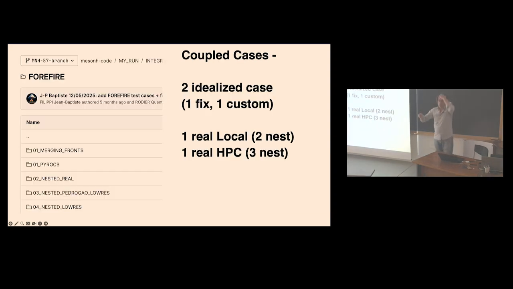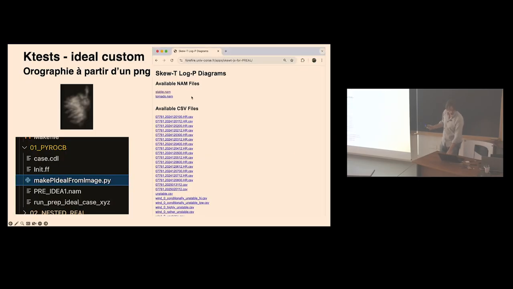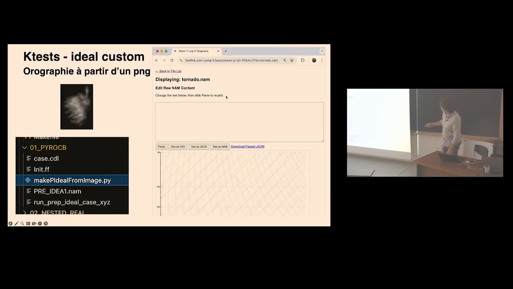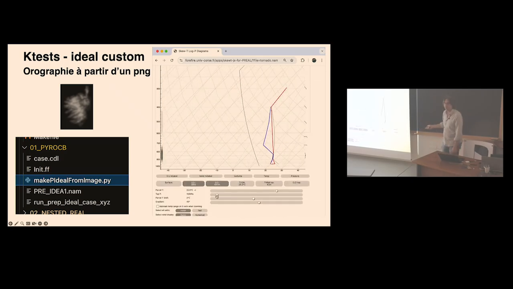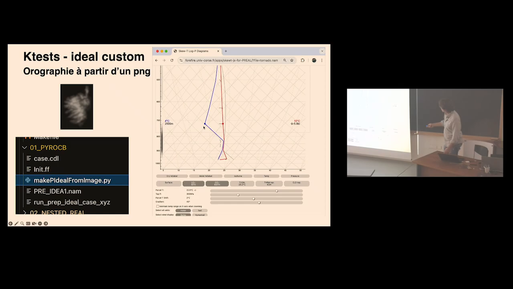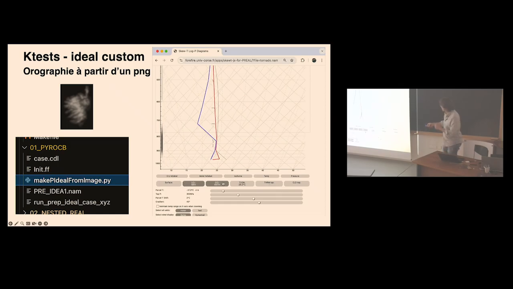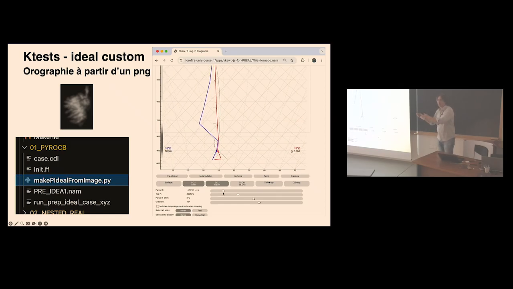In the standard trunk, you have two idealized cases if you want to try it out. One uses an orography, and you use an idealized case. There are some tools to make your own weather profile, and that's going to give out a weather profile for the coupled model.